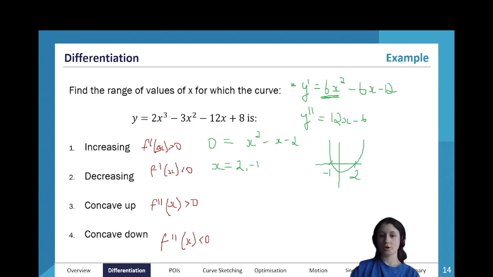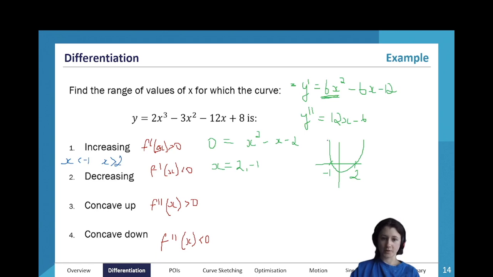So, without actually having to do a table of values, which is what you would have had to do otherwise if it was a more complicated curve, we can actually just look at the shape of this first derivative. I'll put the answer in a different color. Our function will be increasing when x is less than negative 1 and when x is greater than 2.